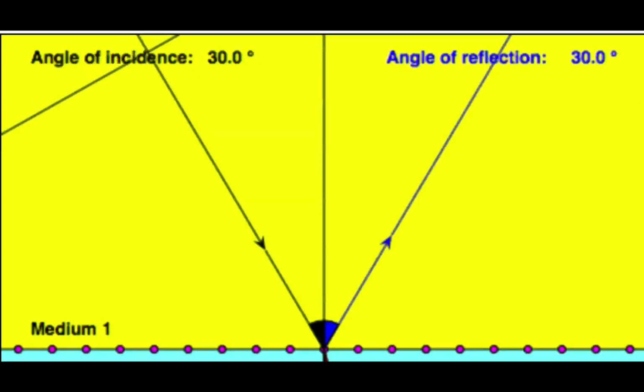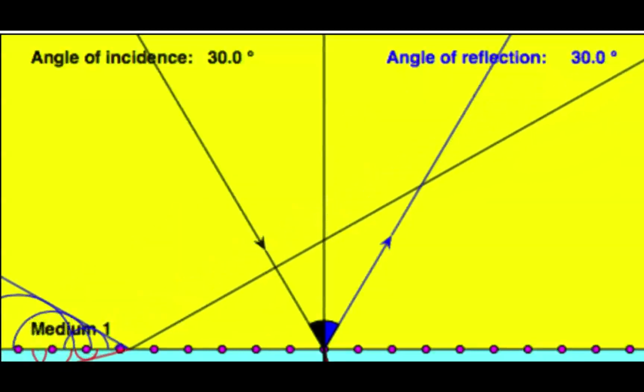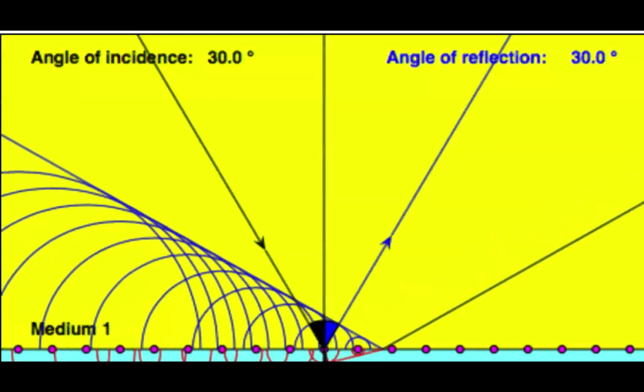Look at the angle of incidence versus the angle of reflection. As you well know, these two are exactly equal. But why are they equal in this picture? Just watch.